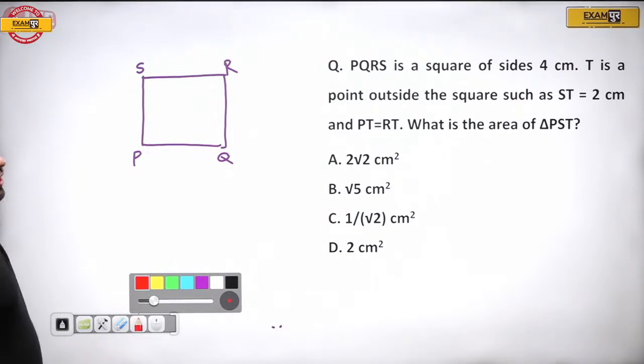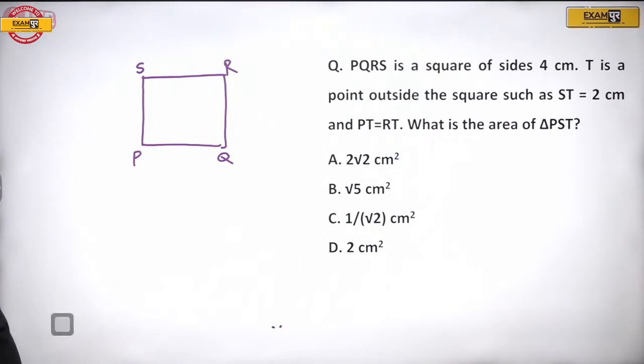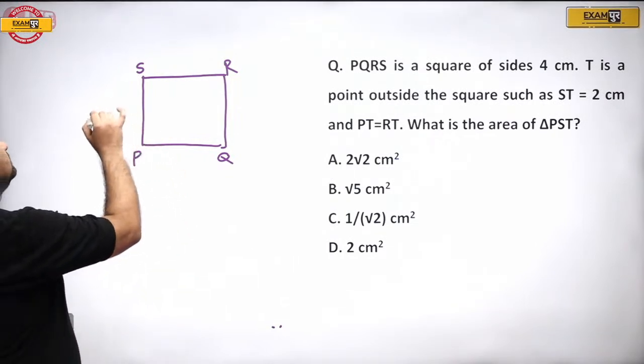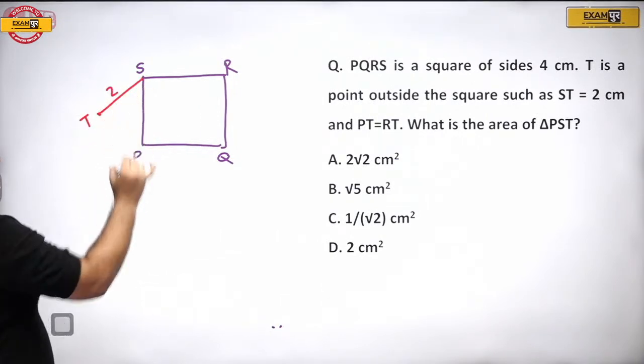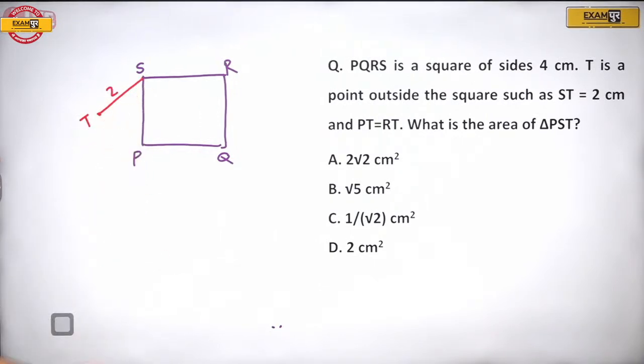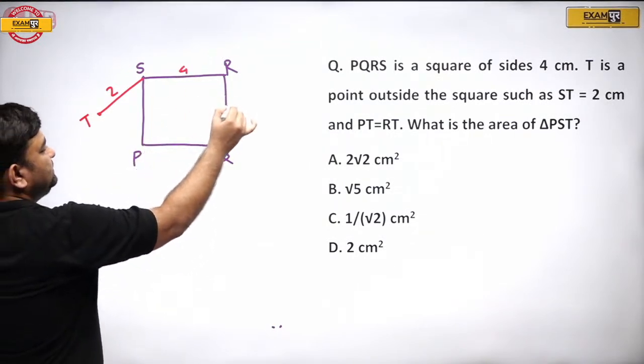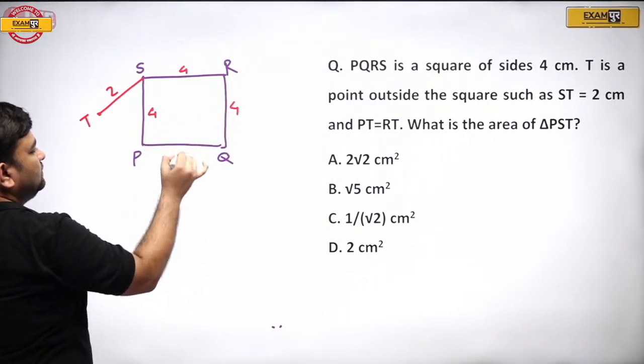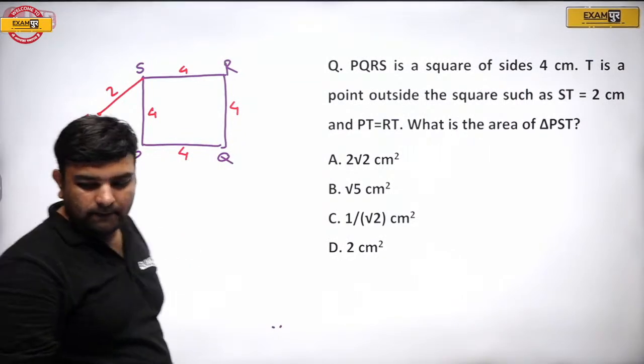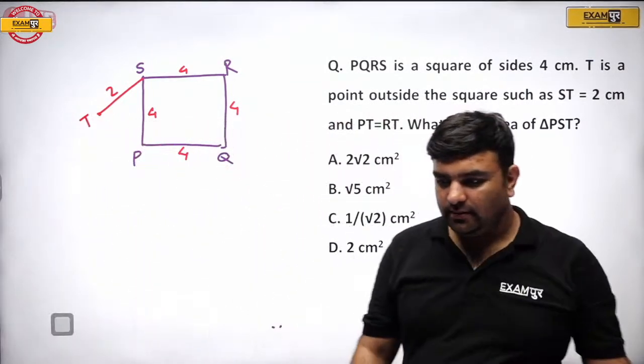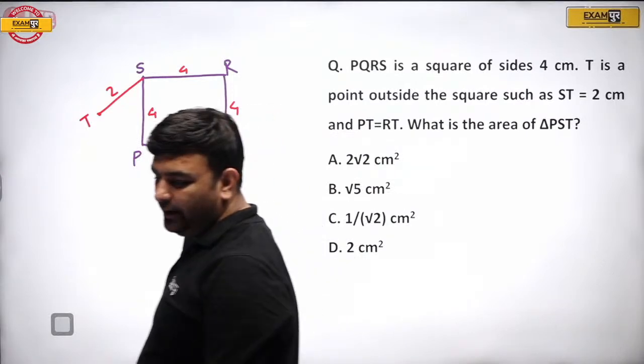T is a point outside the square such that ST is 2, and each side is 4. Anyone answering it, guys? Or should I wait a bit more?